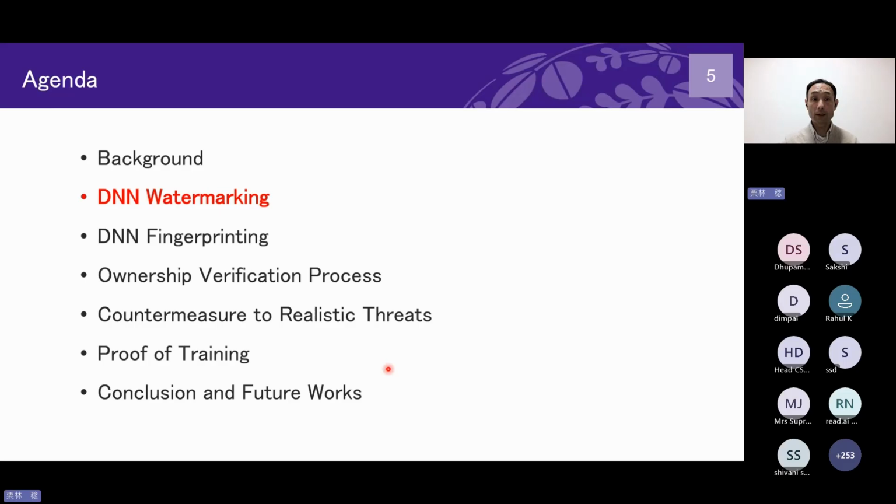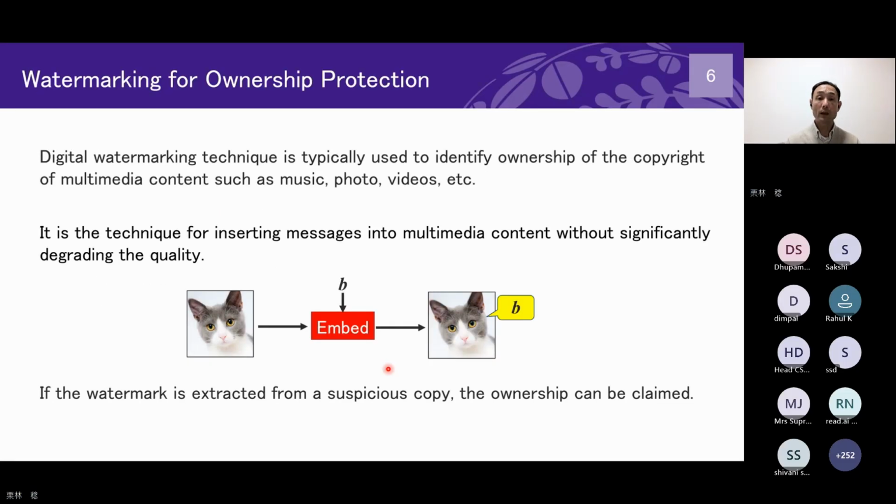Okay, now let's move to the second topic, DNN watermarking. So what is watermarking? Maybe many of the audience of today's talk are familiar with digital watermarking? No? I'm sure. Okay, anyway.